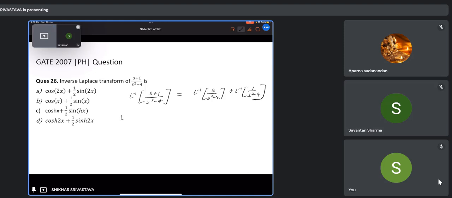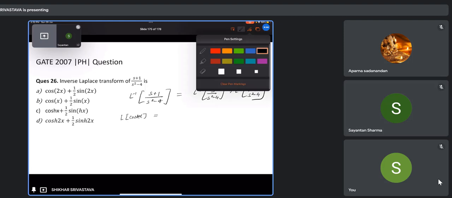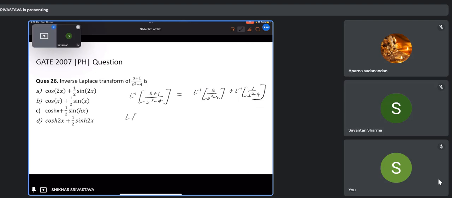Now, if you remember the Laplace transform of cos hyperbolic of at, it is nothing but s upon (s square minus a square), and for sine hyperbolic of at it is a upon (s square minus a square).